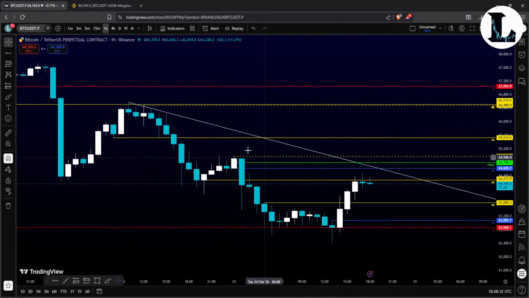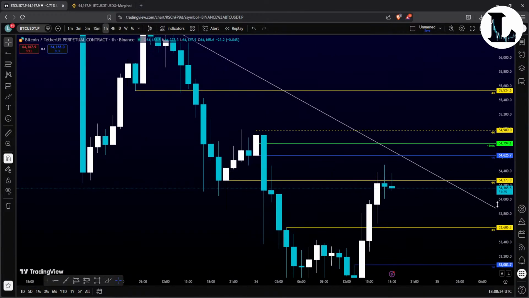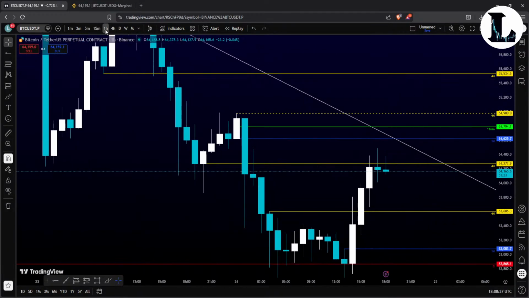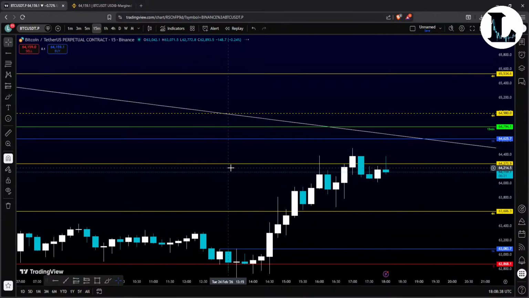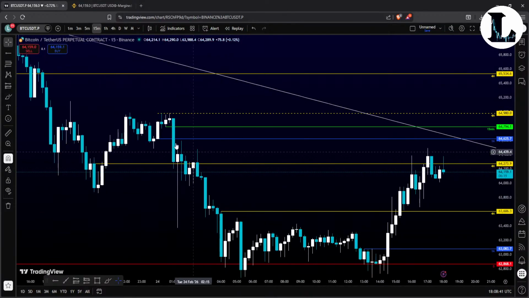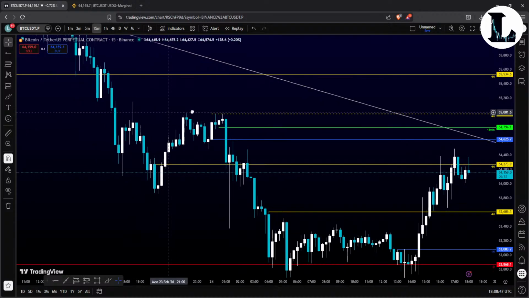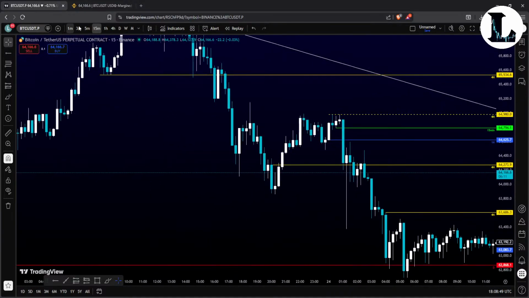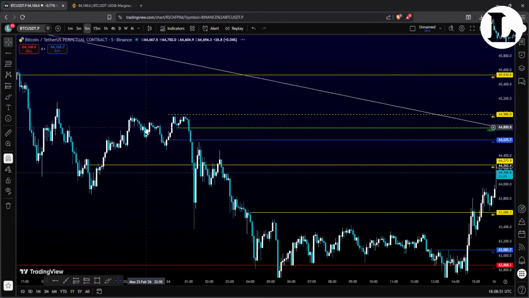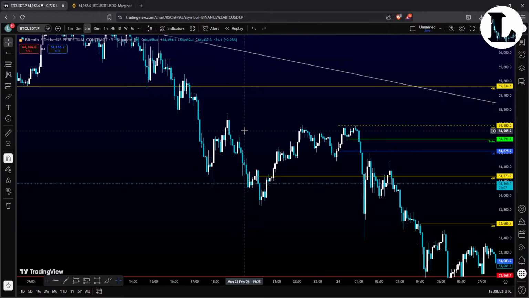Let's go to the 1 hour. Let's go to the 15. We probably have a liquidity level here on a 5, and I will try to check that.